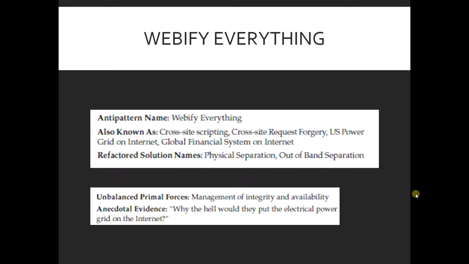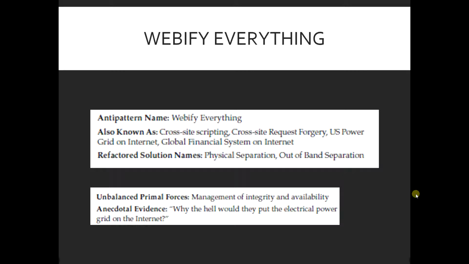Next, moving on to the second antipattern with the name Webify everything. This is also known as cross-site scripting, cross-site request forgery, or the US power grid on the internet, or it is also called the global financial system on the internet.